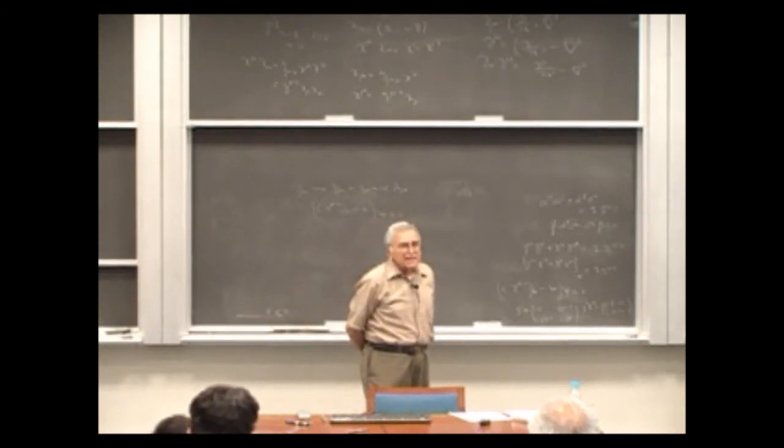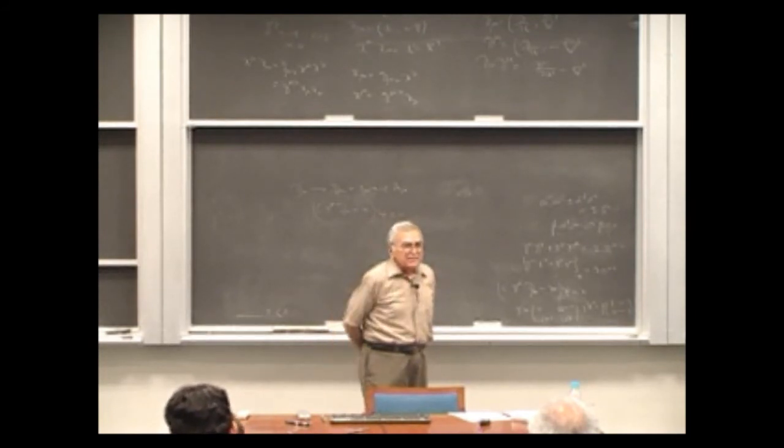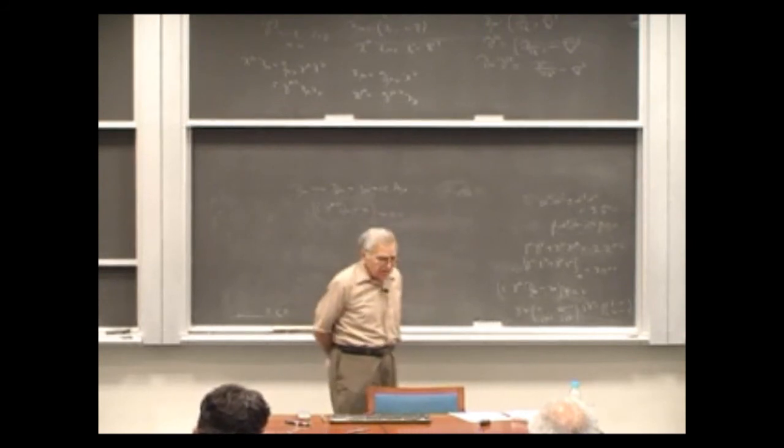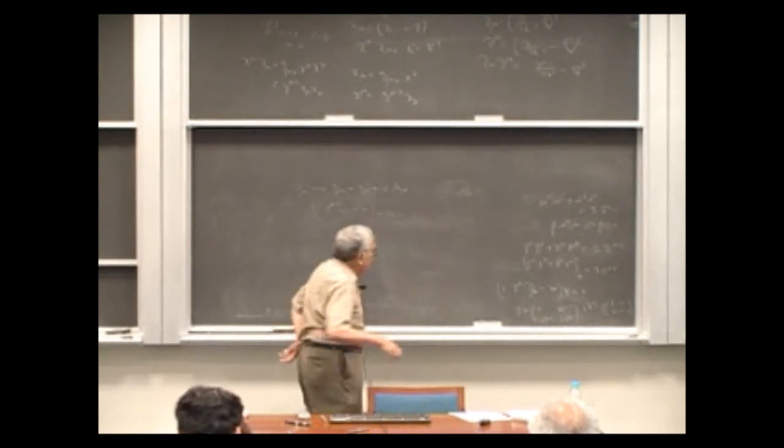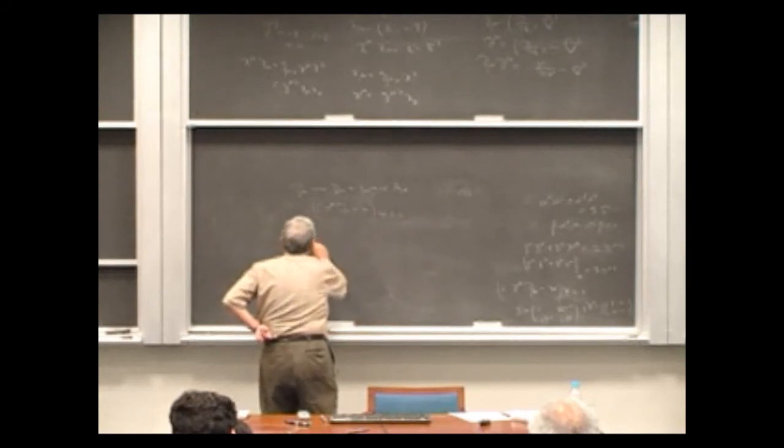As I did when I introduced the Dirac equation, I converted it into a 2nd order equation, so I will convert it now into a 2nd order equation, and therefore I multiply by this.